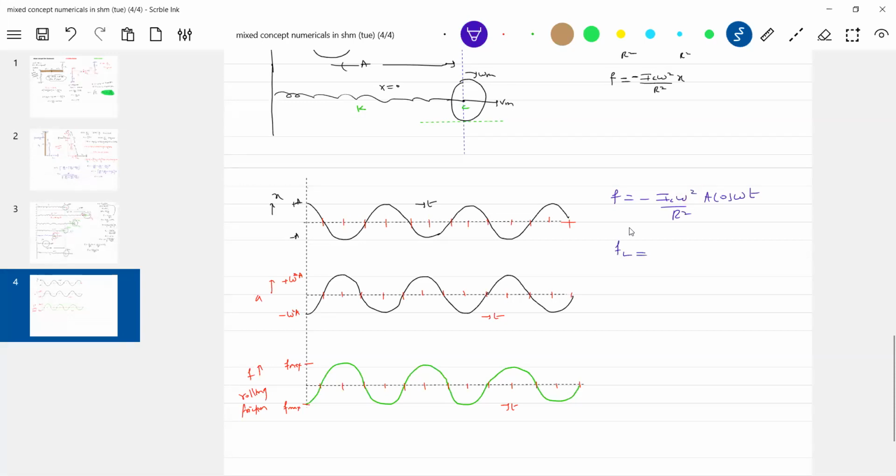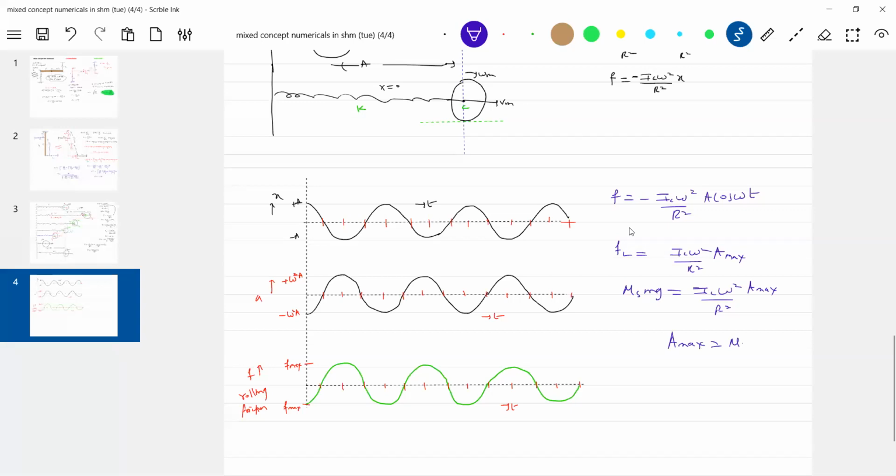So when will this become limiting? Cos omega t should be equal to 1. So what is F limiting? Mu s mg. Negative sign aside, what is A max?